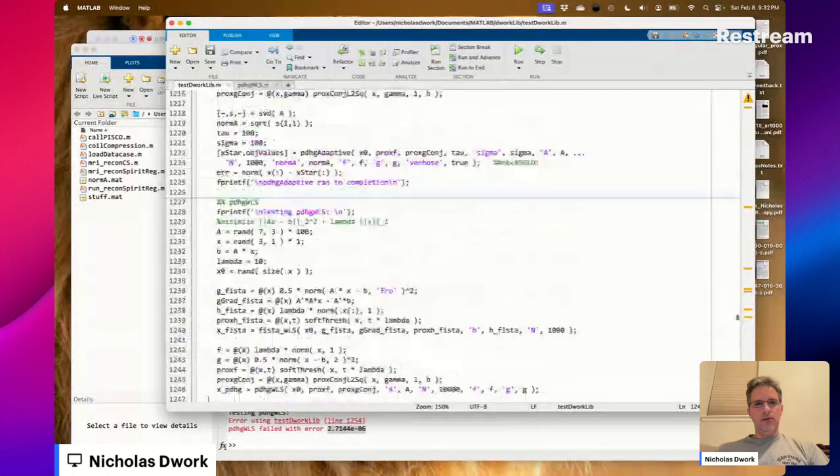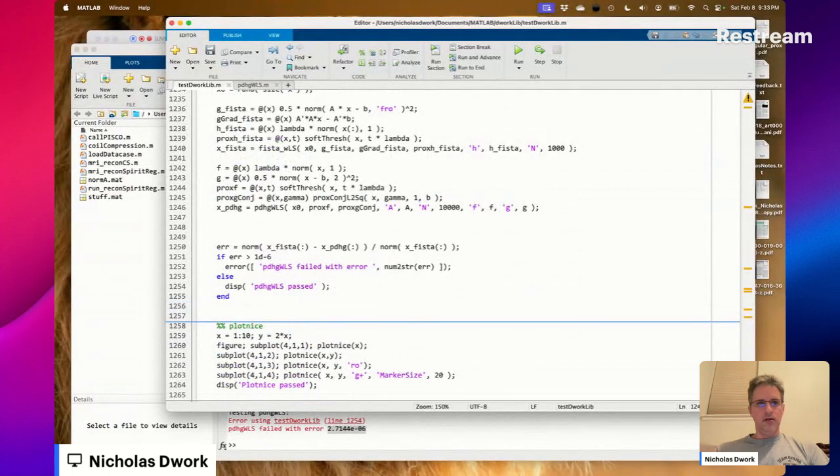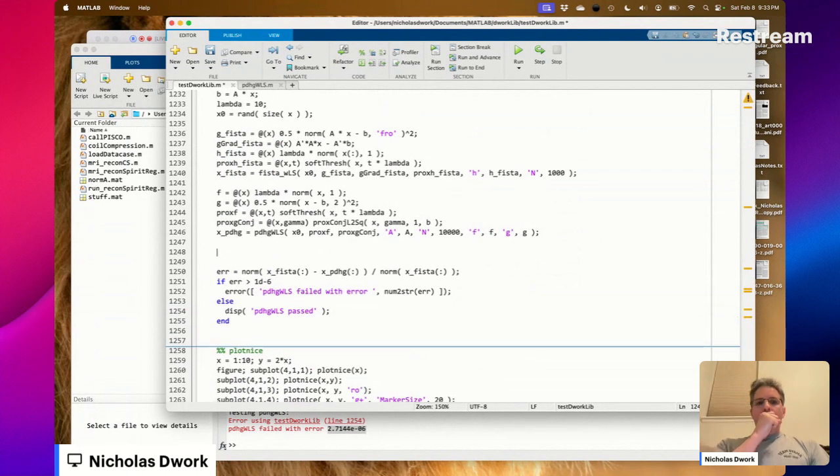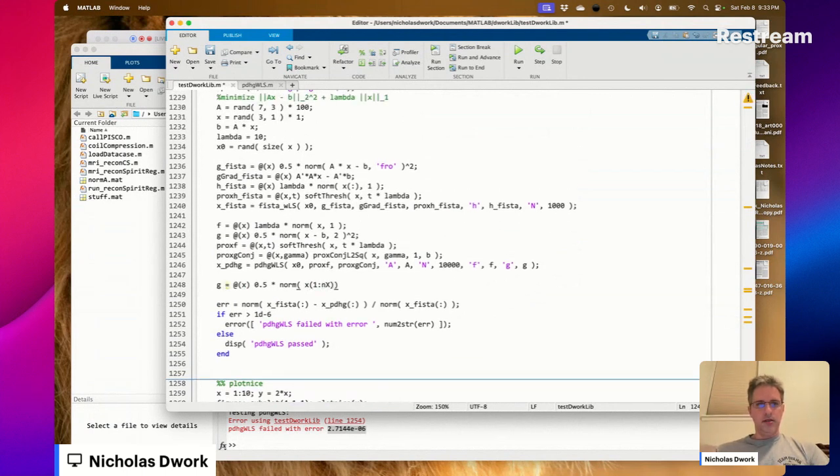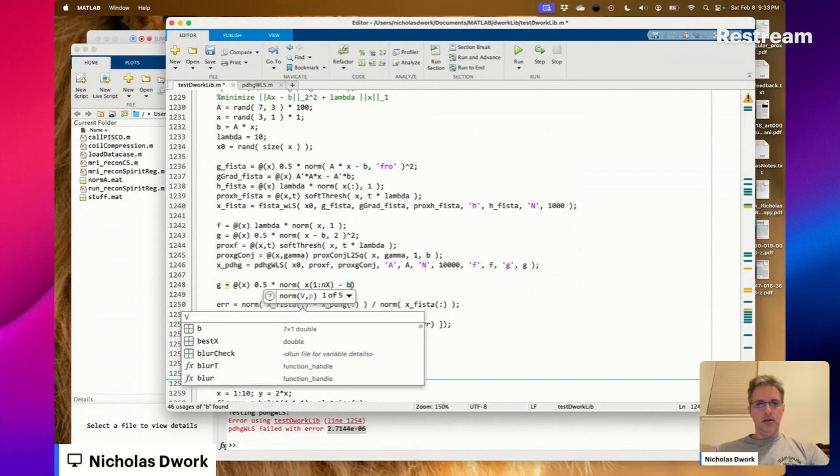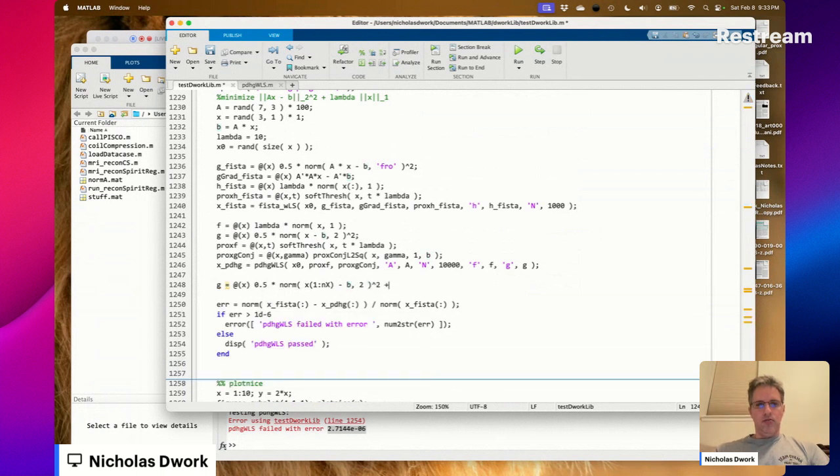Okay, now F2 is equal to X. So now here, F, we're not going to supply it. G is going to be all of it.